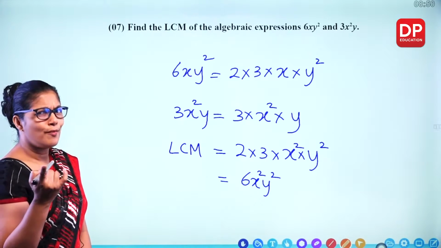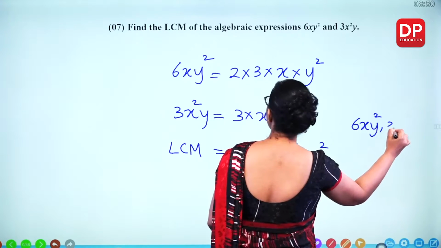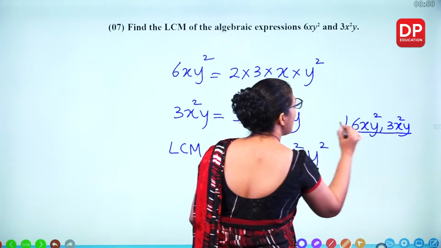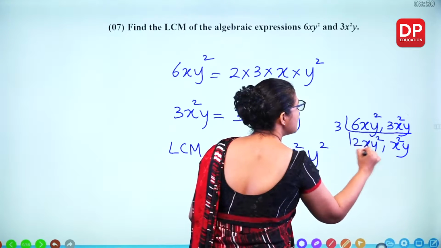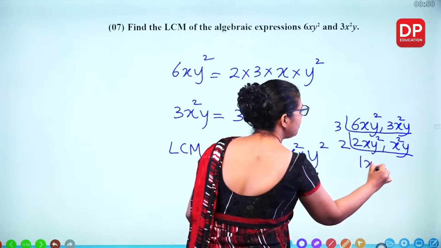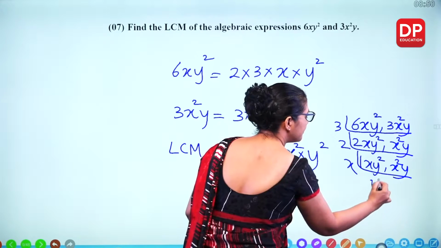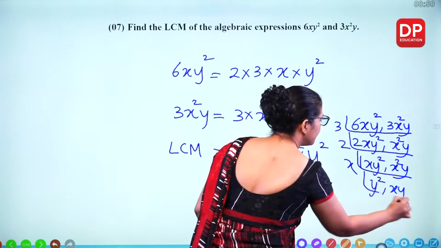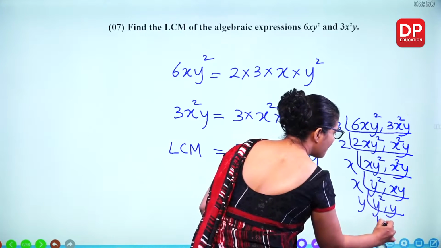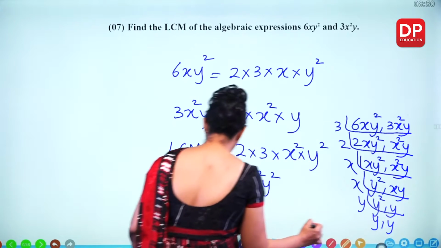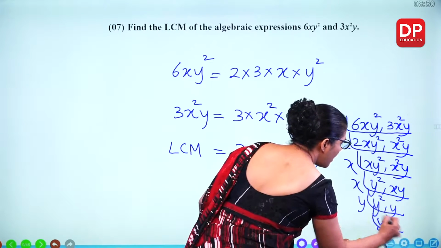Or, you know, what's the other method? You can take both terms at once, divide by 3, divide by 2, and again you can divide by x, divide by x, divide by y, divide by y, and y again.